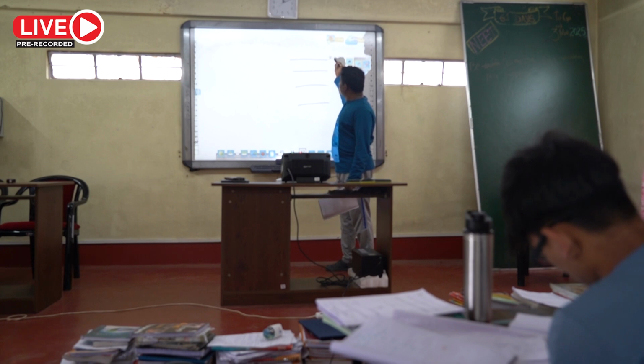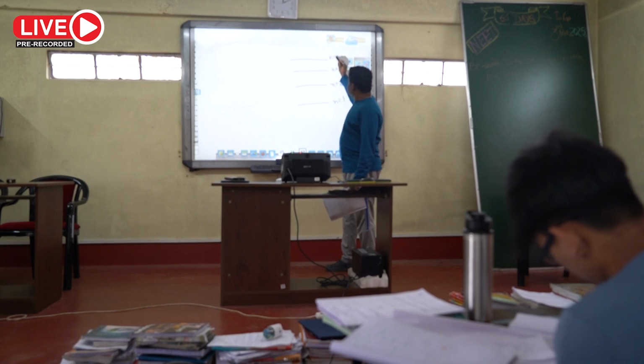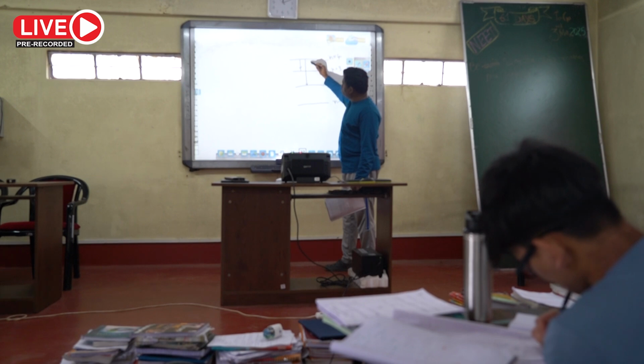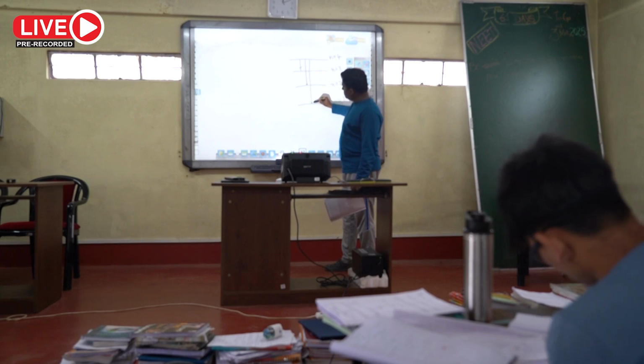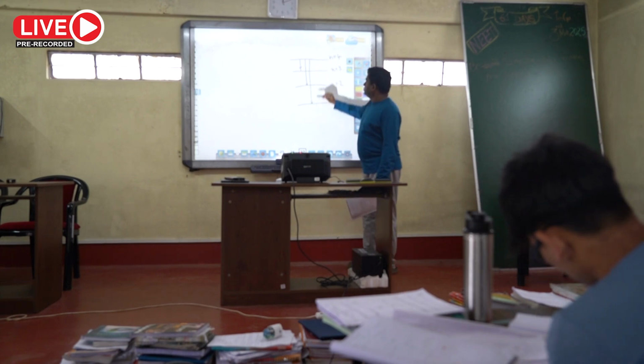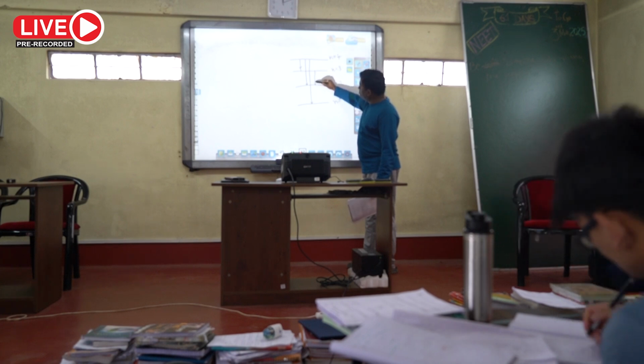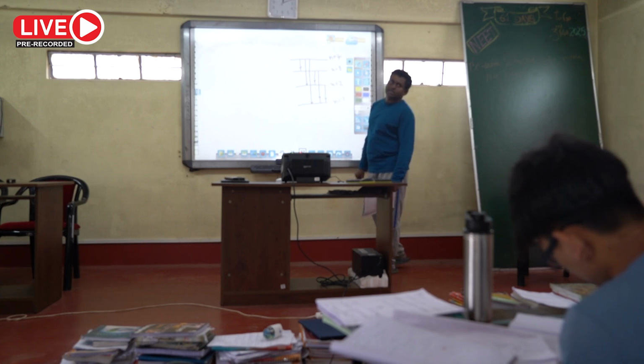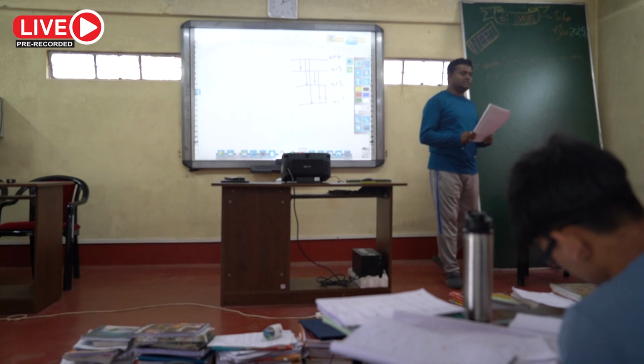That is n equal to 4, 3, 2, n equal to 1. From 4 it can go to 3, from 4 it can go to 2, from 4 it can go to 1, from 3 it can go to 2, it can go to 1, from 2 to 1. So how many spectral lines? 6 spectral lines.